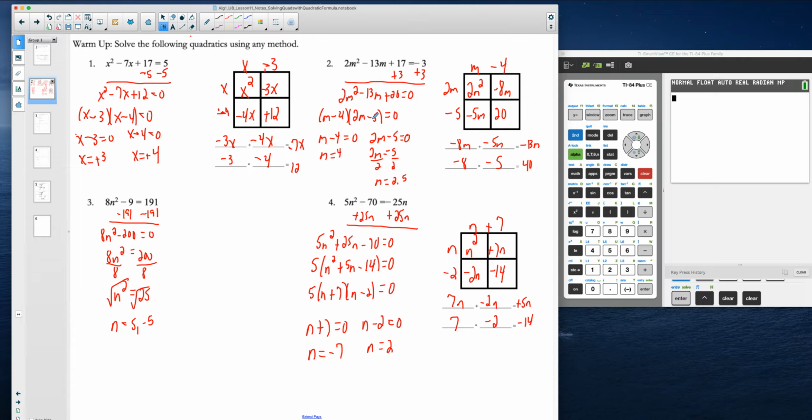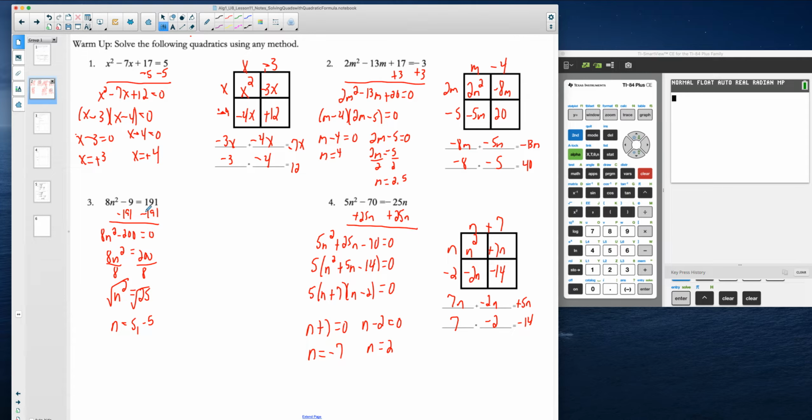Here's our second factor, 2m minus 5. Now, m minus 4 is equal to 0, which implies that m has to be 4. 2m minus 5 equals 0, so that implies that 2m has to equal 5. I can divide both sides by 2, and I get 2.5. Or if you want to leave it as a fraction, you can leave it as 5 halves. All right, moving on to number 3 in our warm-up here.